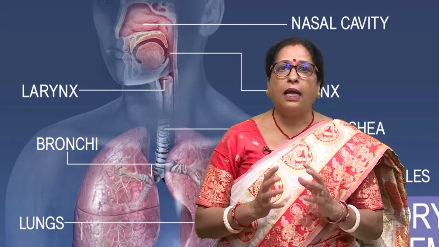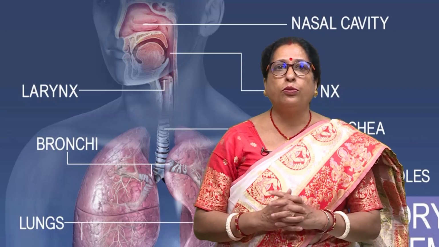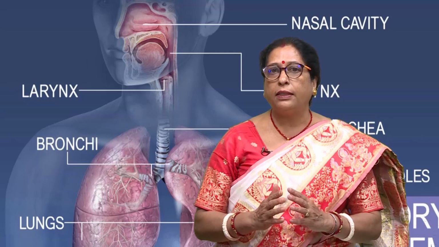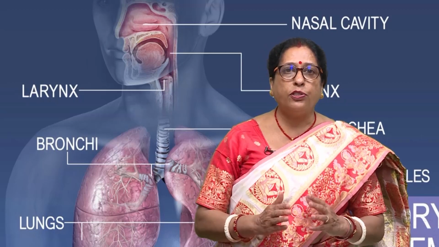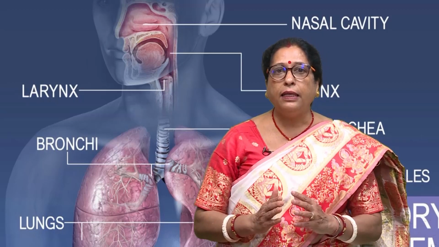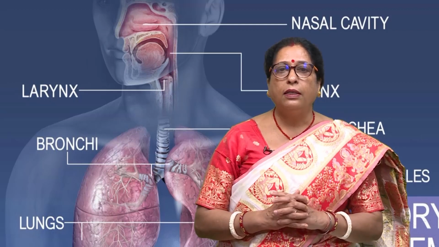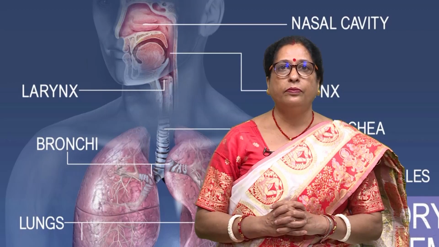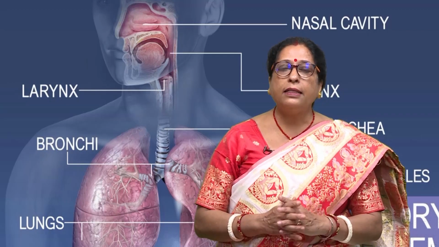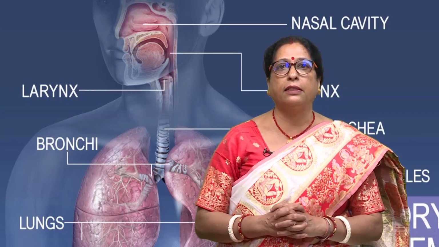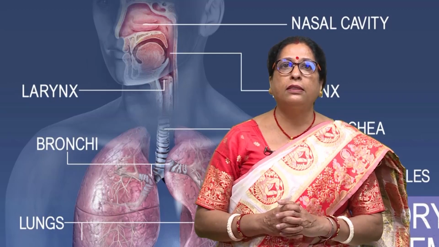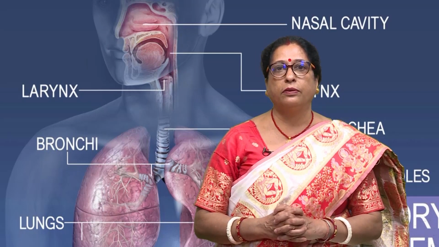The larynx allows air to pass through the respiratory tract, but it also protects the trachea by ensuring food and drink do not block the airways. The larynx itself has 3 sections: the supraglottis, glottis and subglottis.